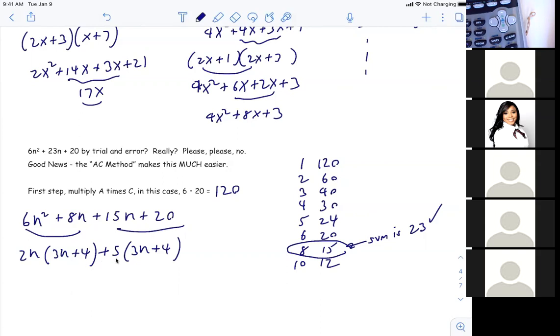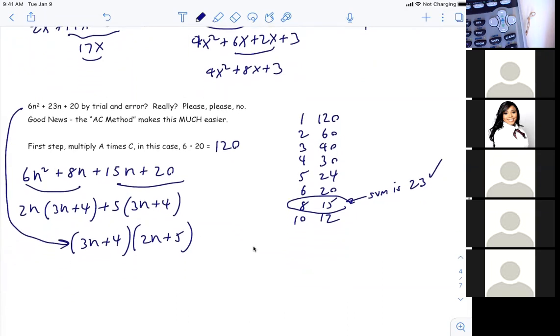Feel the magic. There it is, 3n plus 4, 3n plus 4, 2n plus 5. If you multiply that out, you will get our original expression. Okay, without too much fuss compared to how long that could take with trial and error, unless you got lucky.